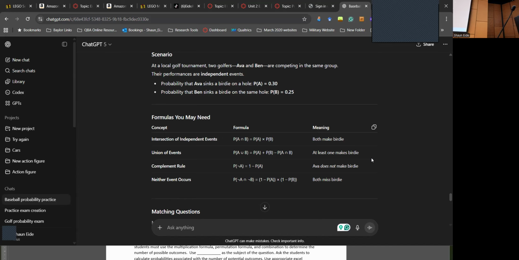If you see "and," that's a sign to use joint, like what's the probability of this and this happening? Also, if you see "or" and they can both happen together, you have to do A plus B minus A and B. So in this case, it was Ava plus Ben minus Ava and Ben. Cool.